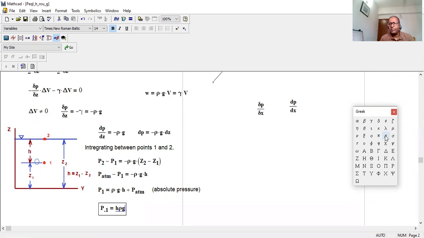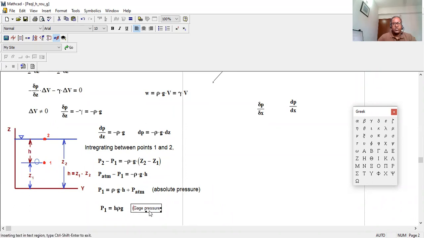This pressure is given by a meter, by a gauge. That's why it is called gauge pressure. So when you add atmospheric pressure to gauge pressure, it becomes absolute pressure.